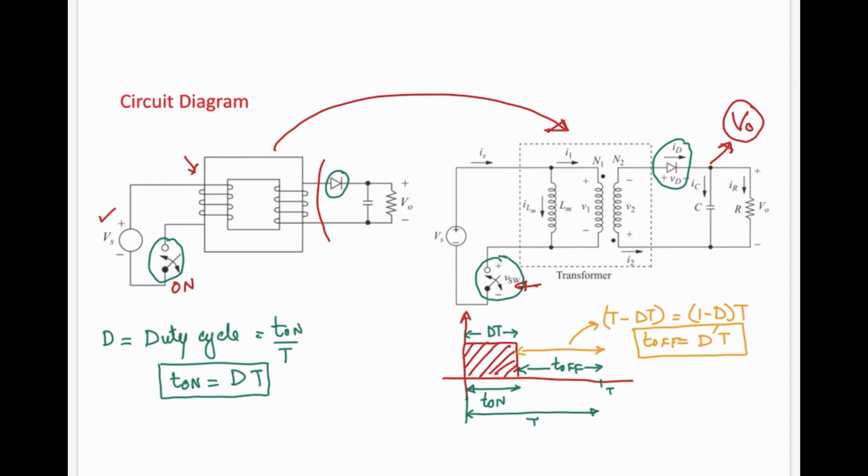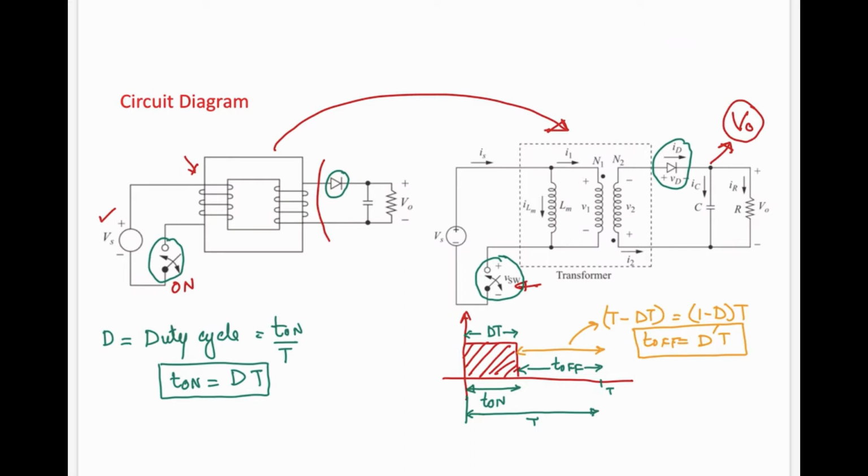In that case, the path of the current will be analyzed. I will call it mode 1. So mode 1 is when your switch Q is in the on state, and mode 2 will be the state when your switch Q is in the off state.